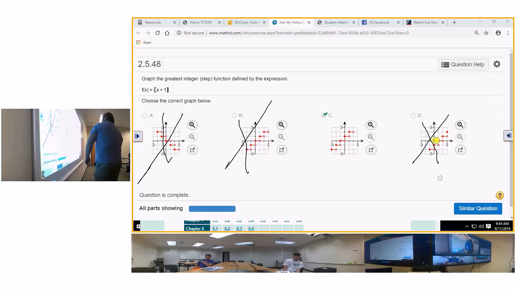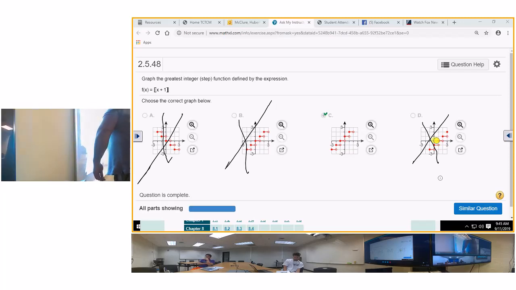Does this one move? Not really, because that solid dot is right there. It hasn't moved. You could say it's one place to the right, but look at the line right here. The line is going through the origin. Here, the line is not going through the origin. The line is going through 1.